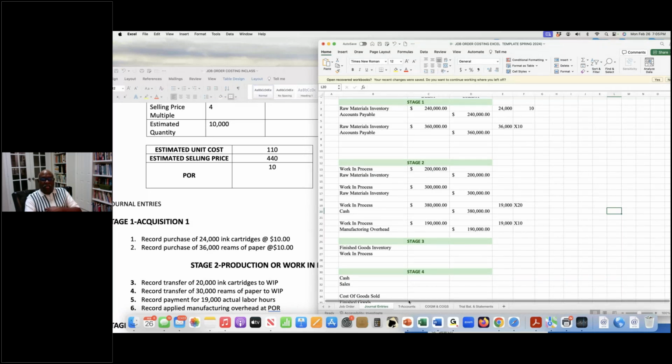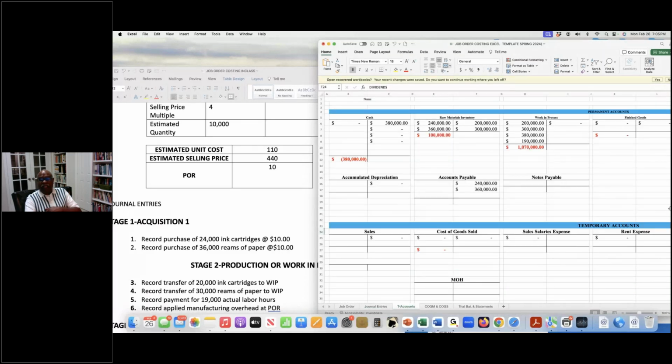Okay, let's go down to the T accounts. Are these the right amounts in the T accounts? 200, 300, 380, and 190. Is that correct?